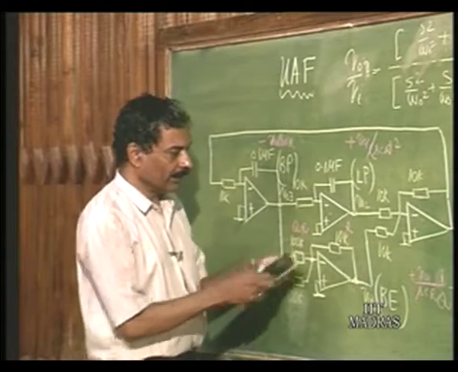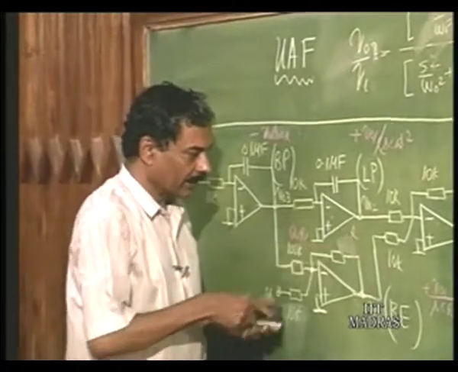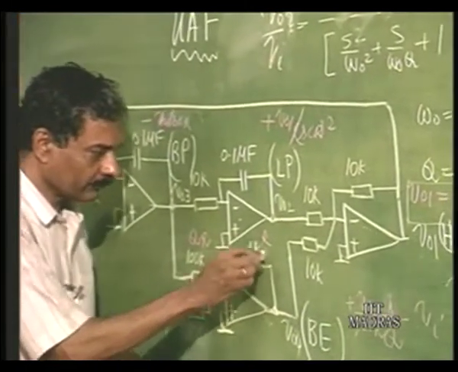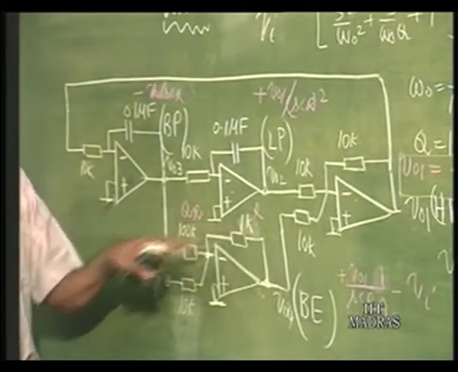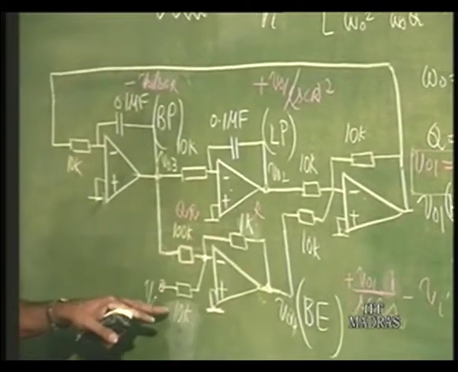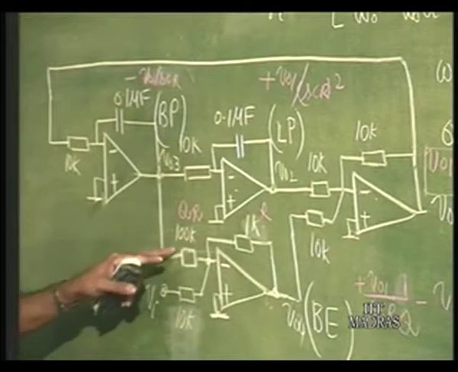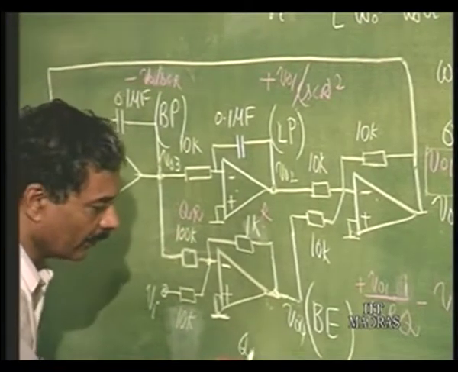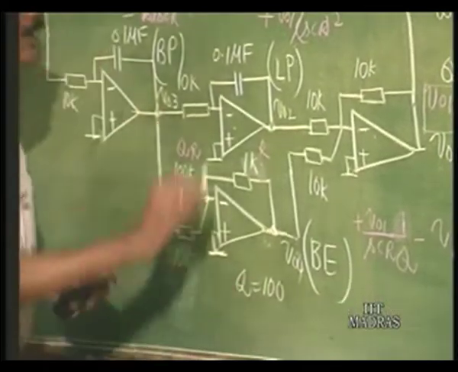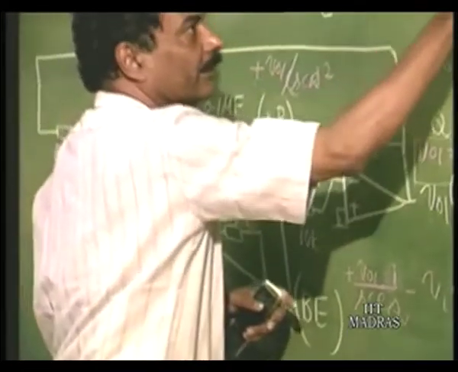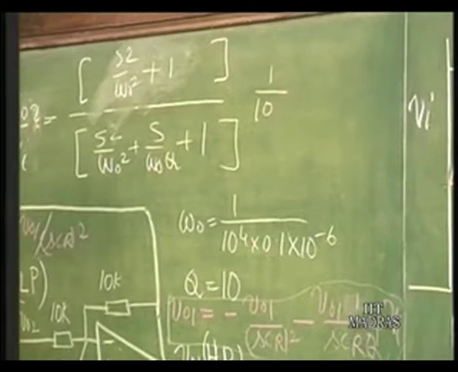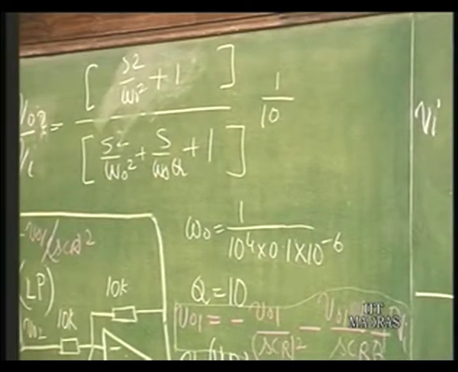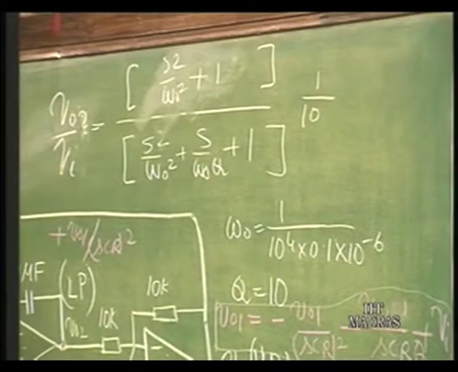Instead of using 10 K, if I use for example 1 K here, this input is going to be also attenuated by 1 over 10 here, but Q is going to be 100. So, we have designed it for a Q of 100, and therefore, here input attenuation is 1 over 10 instead of 1 of the earlier situation.